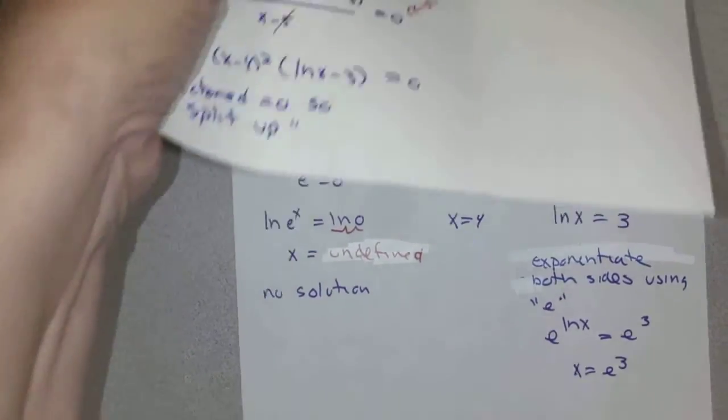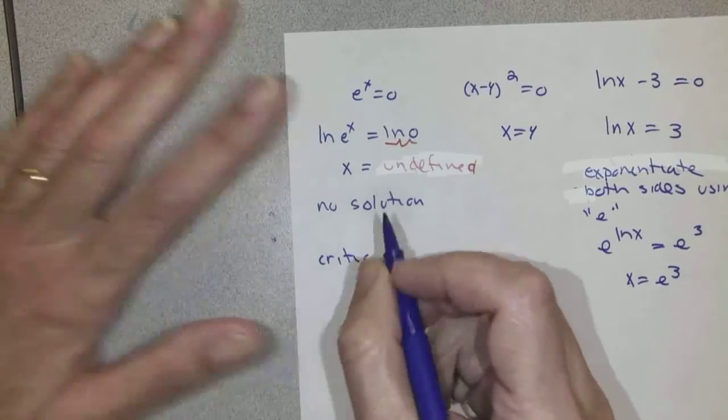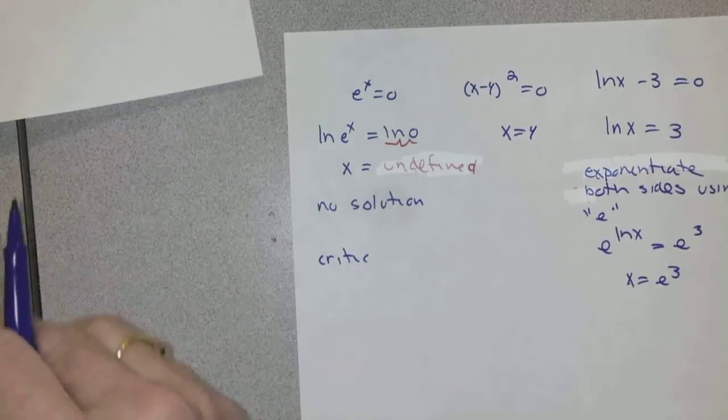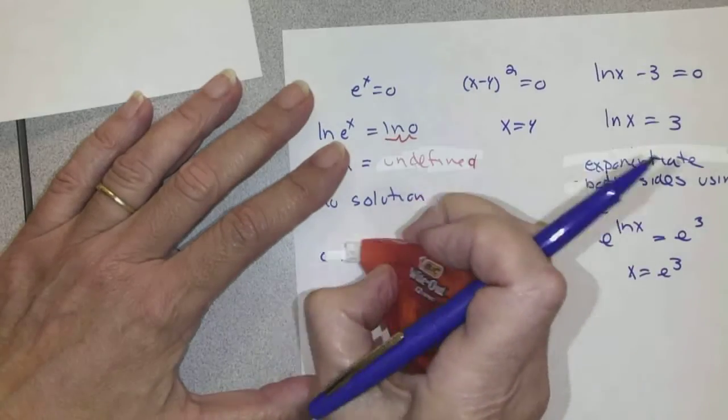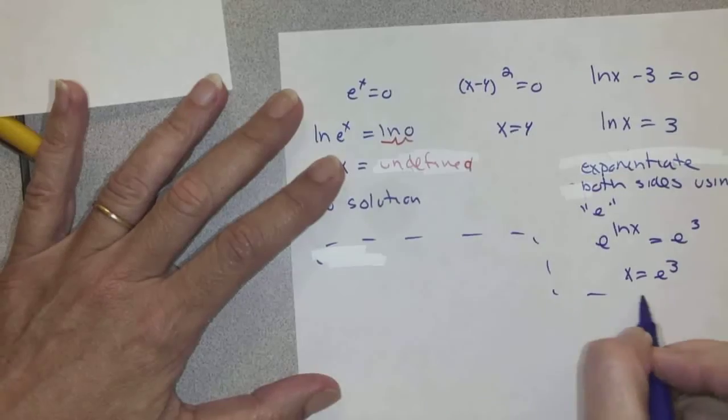So my critical numbers start out as, well, I'm going to do one more thing, then we'll say what the critical numbers are.